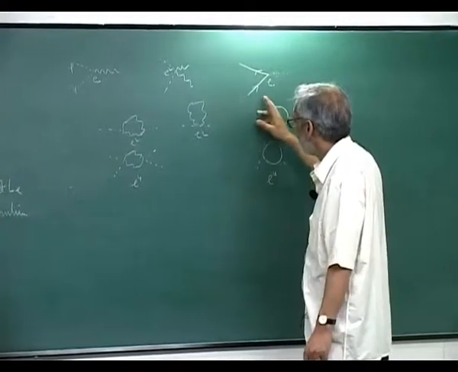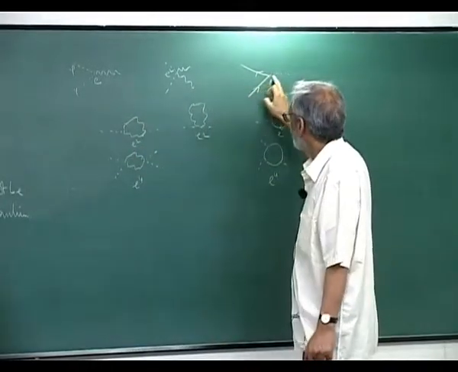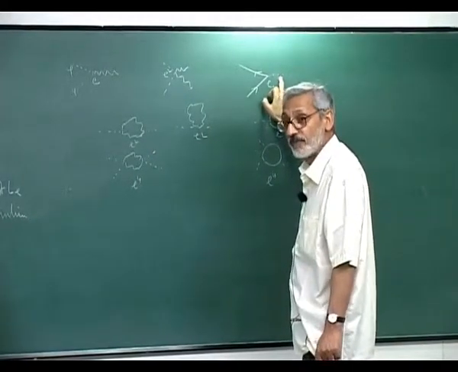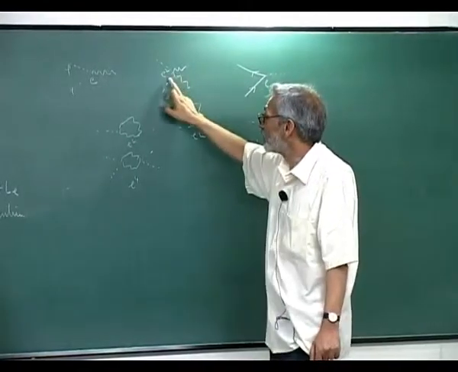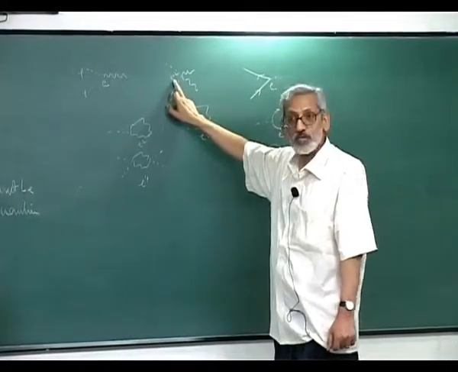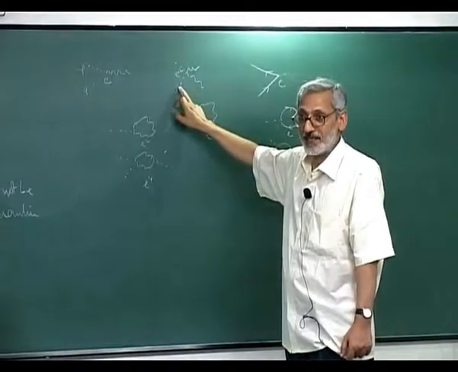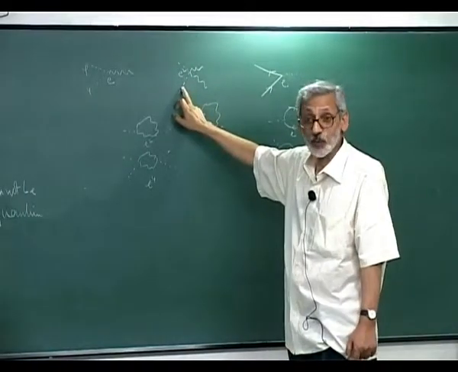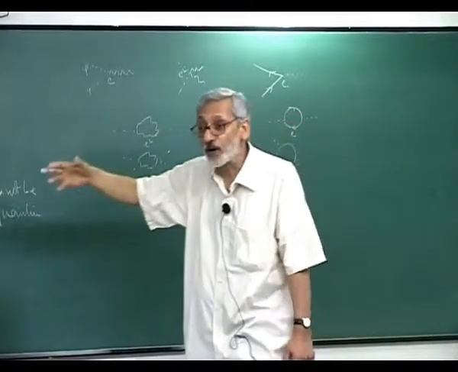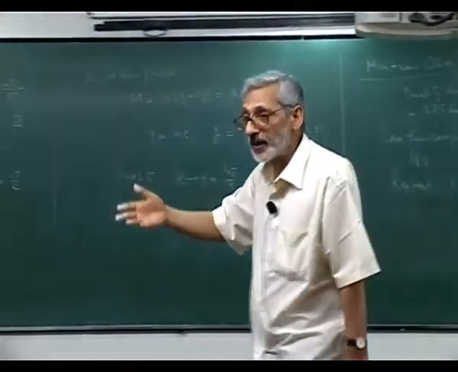So what it tells me is that, if at all I arrange this cancellation, the couplings of the fermions to the scalar field and the coupling of gauge bosons must match. The coupling of gauge bosons is E, that's all right, but it also depends upon what representation the scalar field is in. For an SU(2) theory, let's say, the scalar field could be a doublet, a triplet, or a higher dimensional representation.